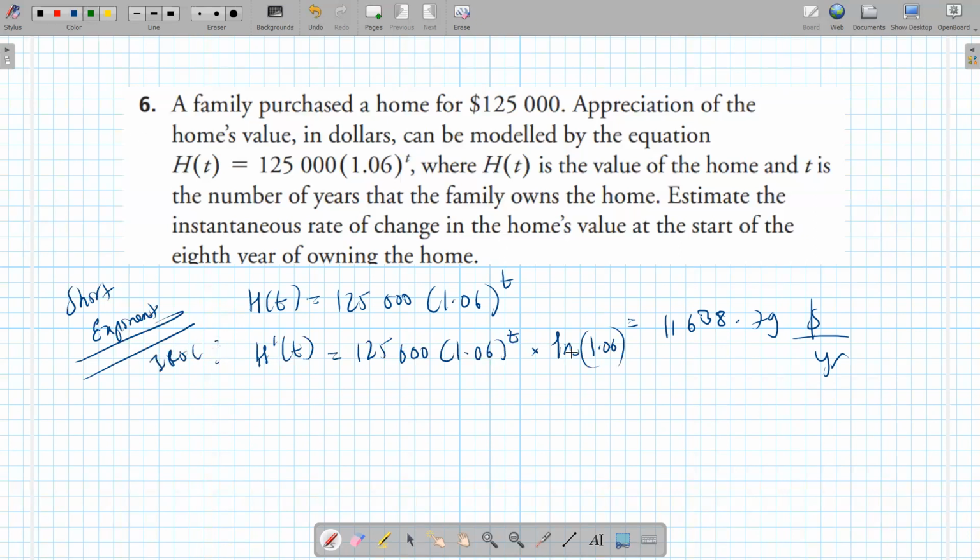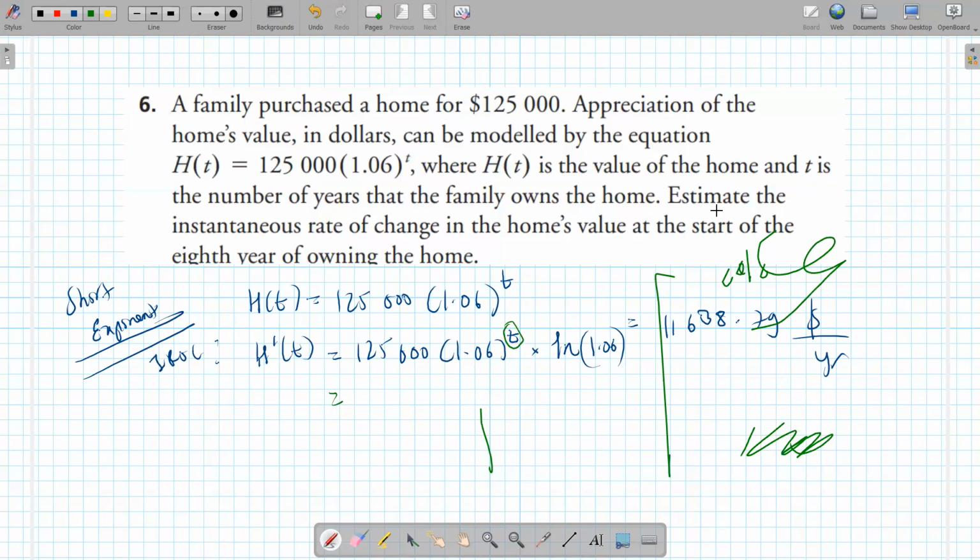Let me plug 8 in here and let's see if we get a different answer. I'm predicting we will get a different answer. So I'm just plugging 8 as t here. So this was the answer from the calculator approach. Something is wrong with my thing. Let me just plug this in. So 125,000 times 1.06 to the power of 8 times ln of 1.06.